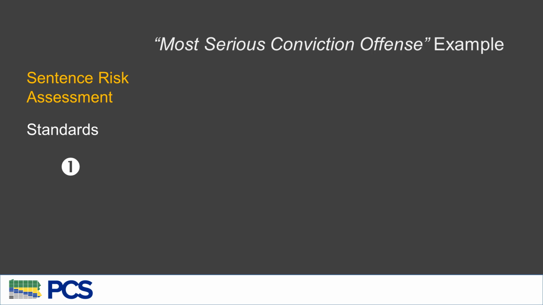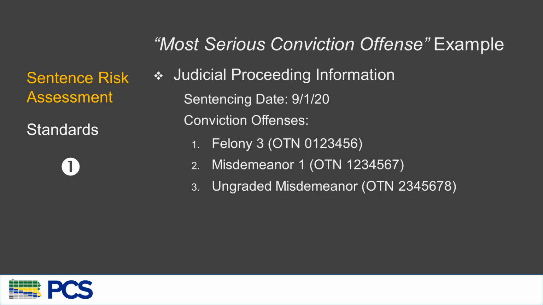We have provided an example to illustrate the concept of most serious offense of a judicial proceeding. In this example, an individual is before the court for sentencing on the same day for 3 separate dockets representing 3 conviction offenses. The Commission's sentencing software is based on the sentencing date and considers this to be a single judicial proceeding, regardless of the number of dockets.